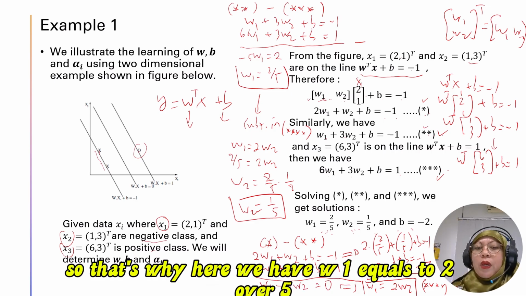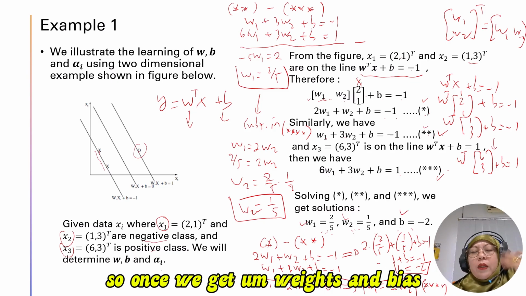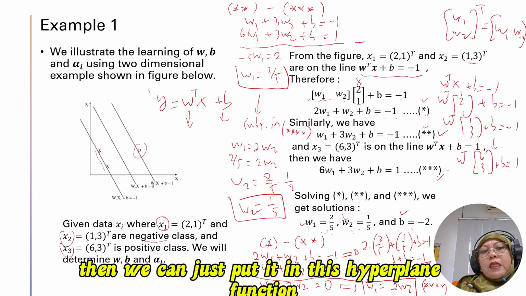So that's why here we have w1 equals to 2 over 5, w2 1 over 5, and b equals to negative 2. Okay, so once we get weights and values, then we can just put it in this hyperplane function.